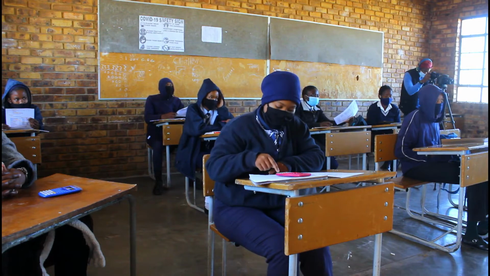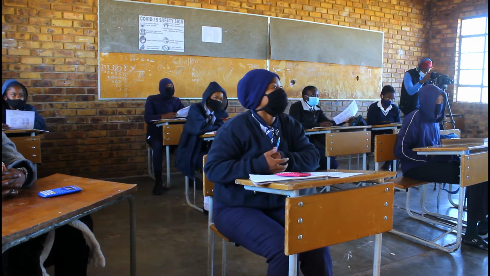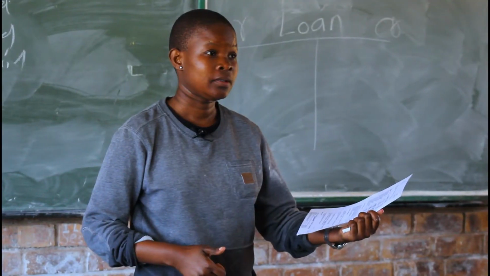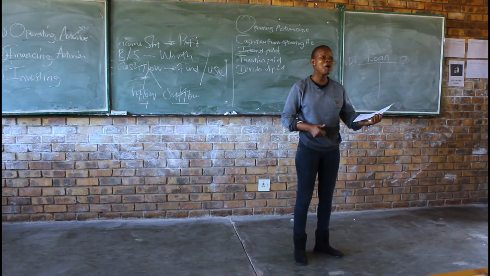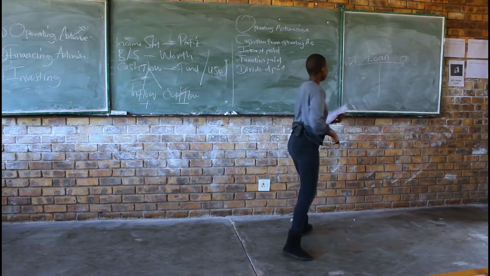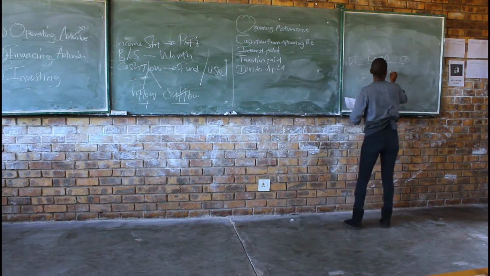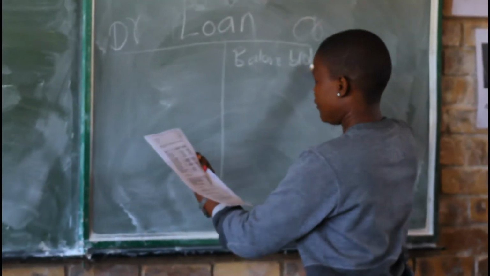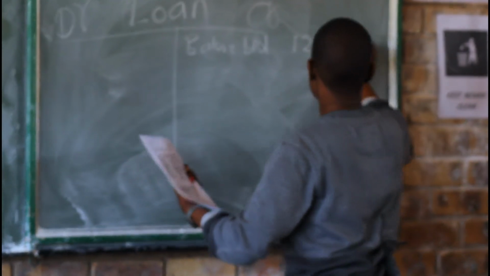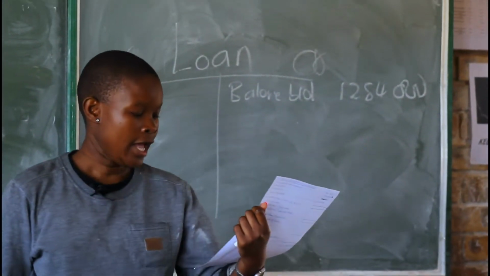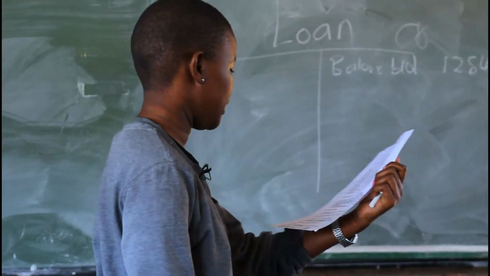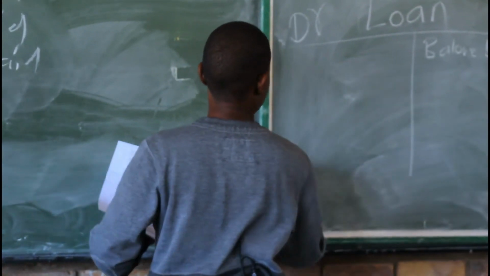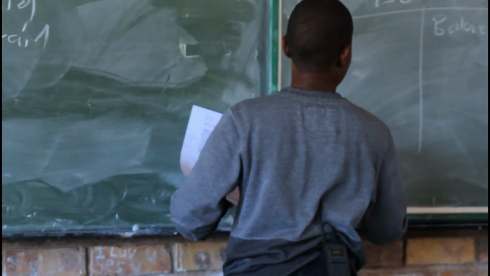It's a liability. Liability increases on which side? Be sure. Credit side. Then you come here and say balance brought down. The amount is 1,284,000. And then you know the balance at the end is 420,000, balance carried down.